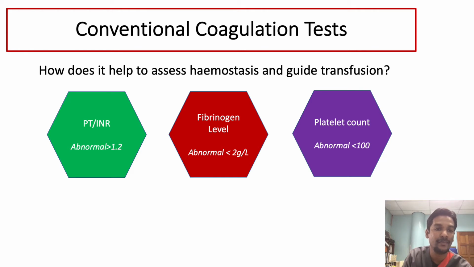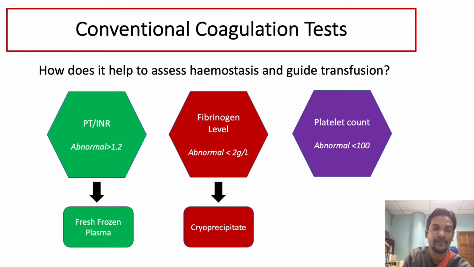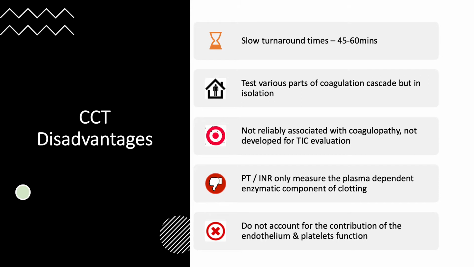So when the level is more than 1.2, patient should be given fresh frozen plasma. If the fibrinogen level is less than 2 grams per liter, patient would require cryoprecipitate administration. And when the platelet count is found to be less than 100, we should give the patient platelet concentrates.